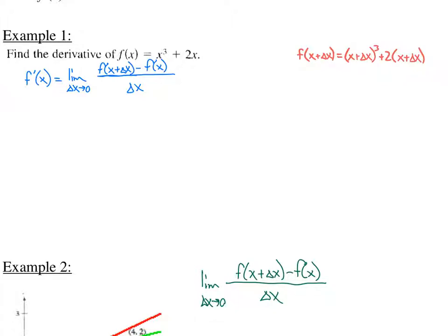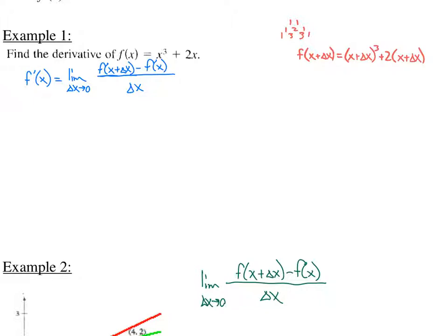If you don't, go back and review, because you're going to use it a lot. If you remember, when you have to expand a binomial cubed, you could use the third row of Pascal's triangle. So it goes 1, 1, 1, 2, 1, 1, 3, 3, 1.